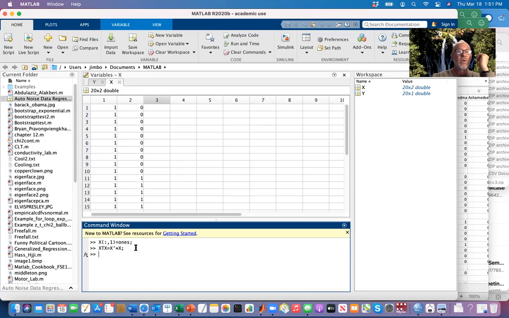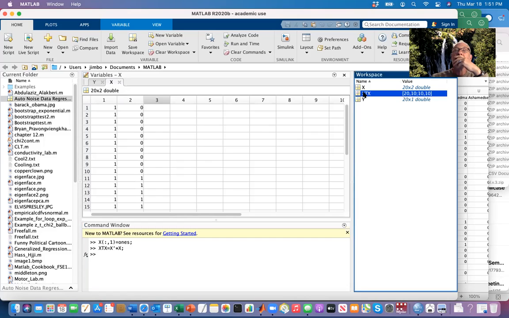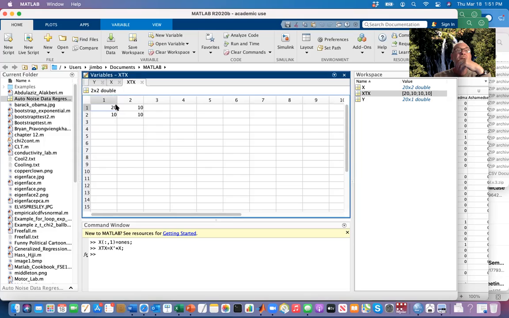Okay, boom. And if we take a look at X transpose X, you see that there's the sum of all the ones times 1, I get 20 because the column length is 20. There are 20 measurements.